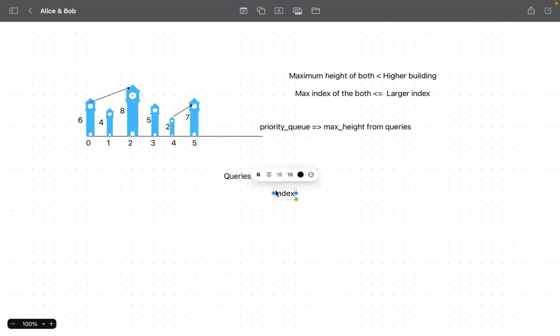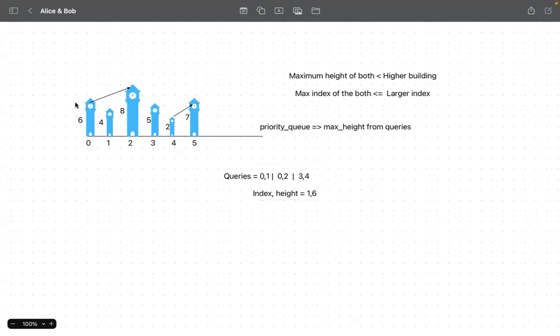For this query, I have to write the index. For each query, there will be an index and a height, and both will be maximum because we have to compare from the maximum, right? Maximum index and maximum height. That's why for each query, I have to keep the maximum height and maximum index. So for the first query, I'll have maximum height as 6 and maximum index as 1.